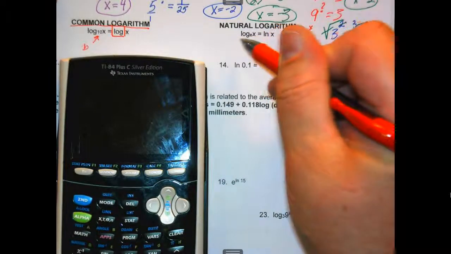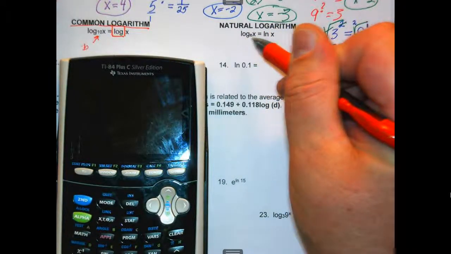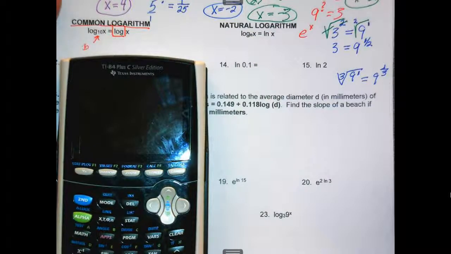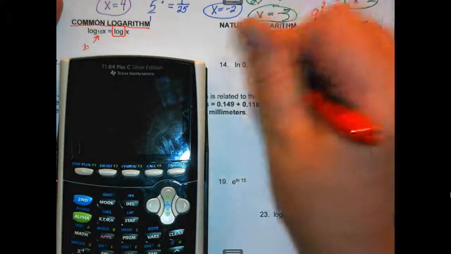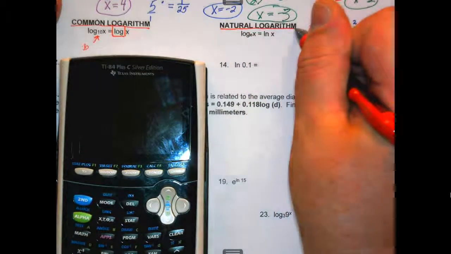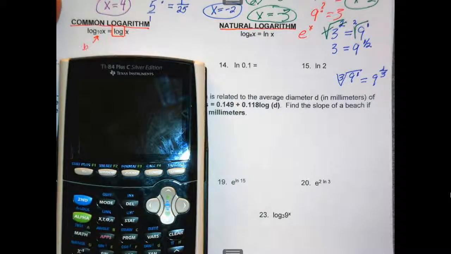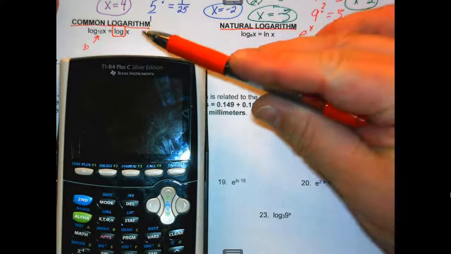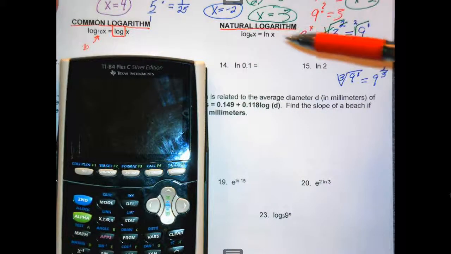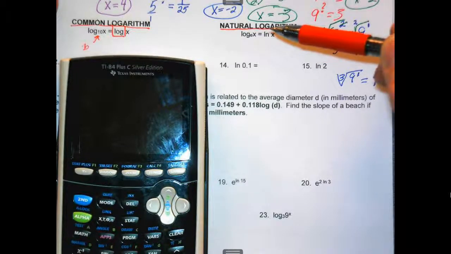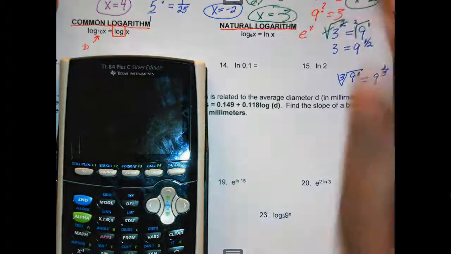It's the same thing as log base e. So we have two keys on our calculator, the common log that has a base 10 and the natural log which has a base e.